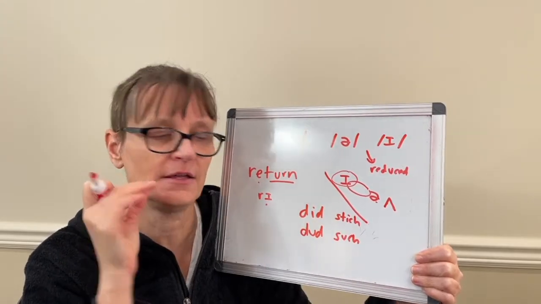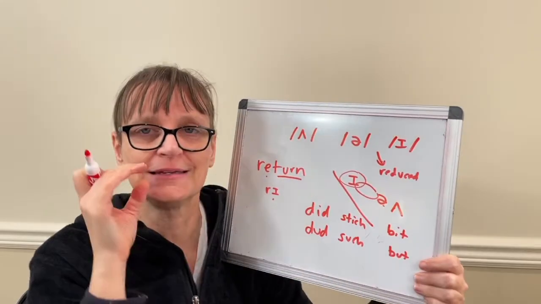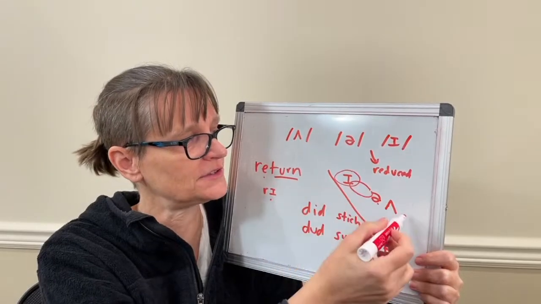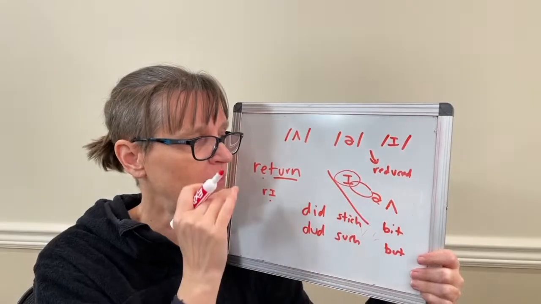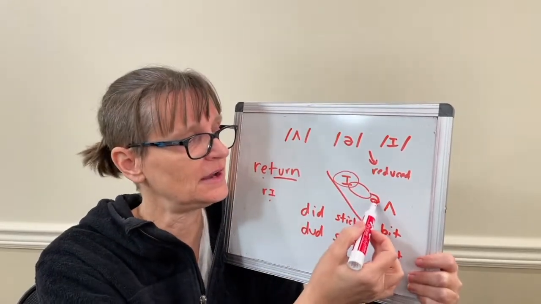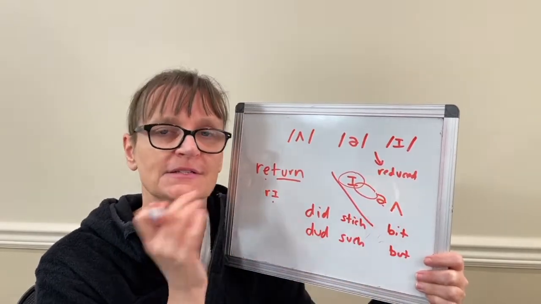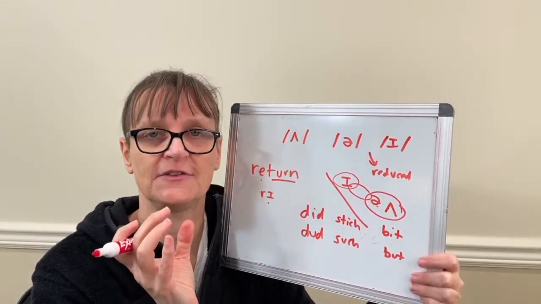Did, dud, bit, but, there's a difference in terms of the height and the forwardness. This is central and more open. This is higher, but they're both lax. The I and the schwa, there is maybe a tiny difference in position, but you can consider these basically the same sound.